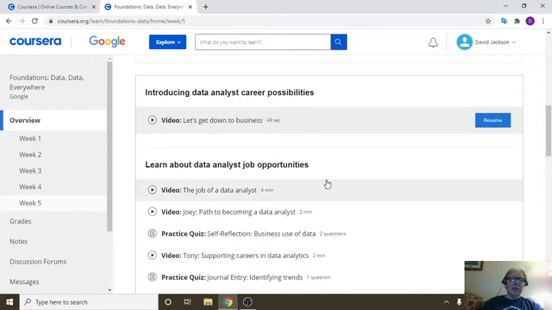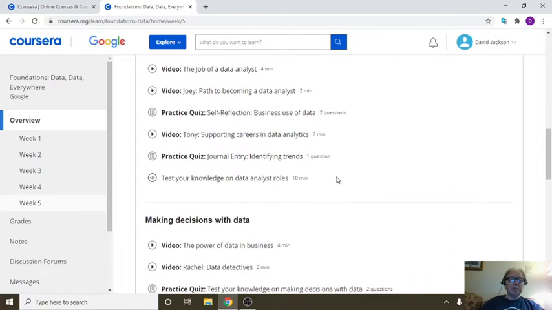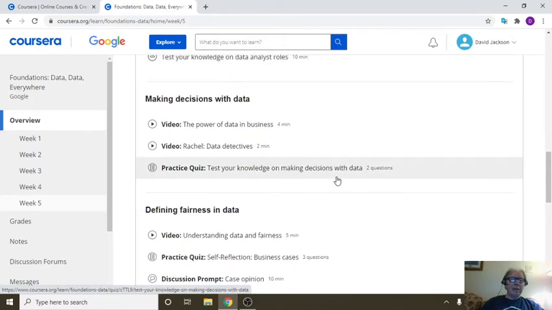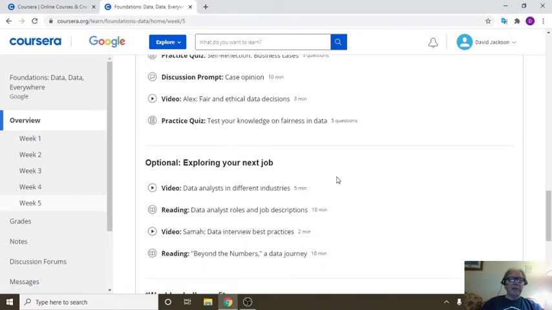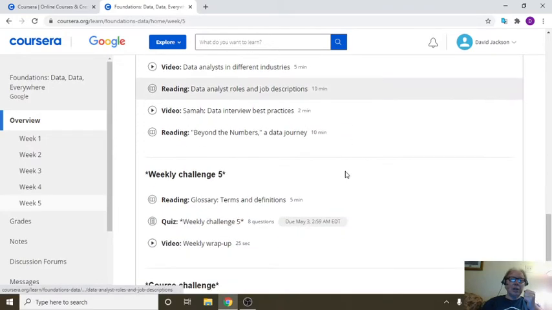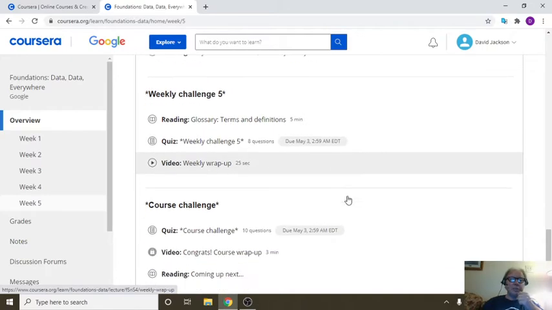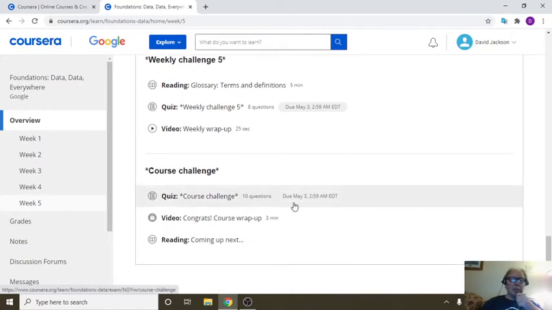Okay, learn about data analyst opportunities, making decisions with data, and defining fair data. And finally, optional, exploring your next job. Reading data analyst roles and job descriptions, interview best practices, beyond the numbers, the data journey. And week 5 glossary of terms, the challenge, weekly roundup, course challenge.